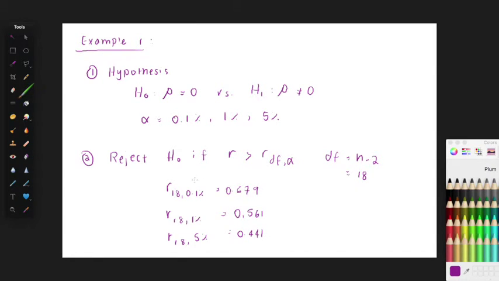Okay, and there we've got our critical values for those three different significance levels.